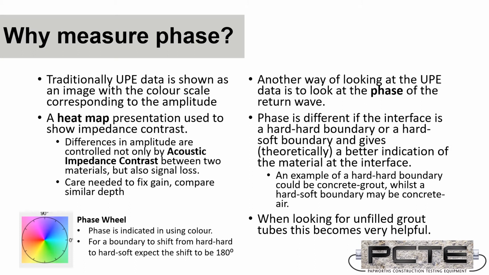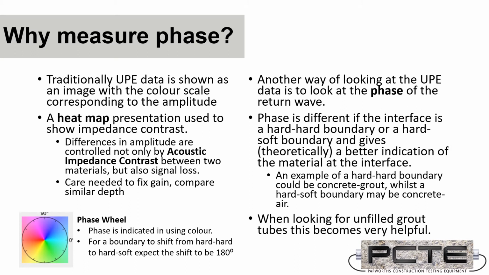It also removes some uncertainty. If you were able to detect a duct, but there was little difference in the amplitude or the signal strength, it's practical to compare the phase shift and see whether that indicates the grouting status.